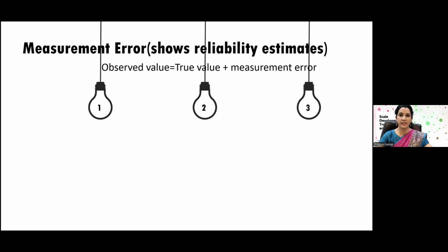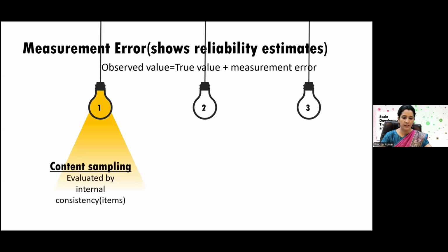So you will not find a scale 100% reliable. Why? Because there is measurement error, and this measurement error always leads to the observed value being more than the true value. So there will always be a measurement error associated with it. This measurement error can be there at the level of content sampling.